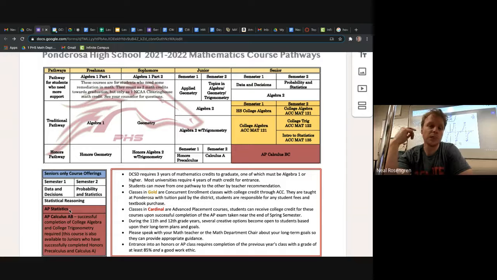If you are a senior next year, really the only other choice would be a class like statistical reasoning, okay, which is just more of an introductory level kind of class that just doesn't have that AP expectation, but a lot of the same concepts between those two classes. So if you're a senior, I think stat reasoning is a great place to go.